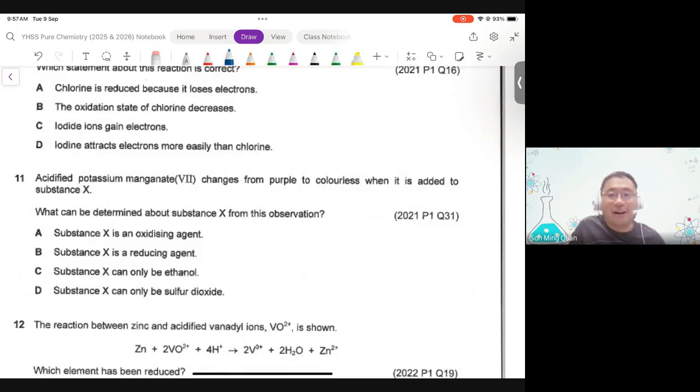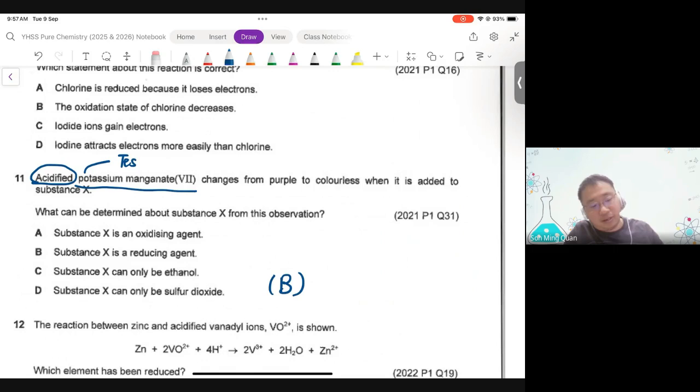Okay, so now everyone changed their answers. So now everyone gets it correct. The answer is B, okay? Again, acidified potassium manganate(VII), the acidified is important, is a test for reducing agent. So if the acidified potassium manganate changes color from purple to colorless, that means substance X must be a reducing agent. Okay, so that's question 11. Great. So end the poll. Now everyone got it correct.